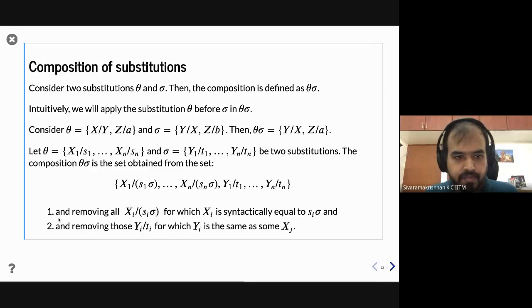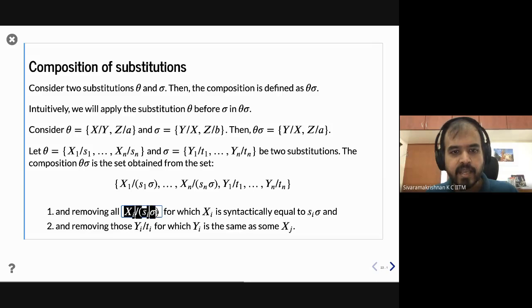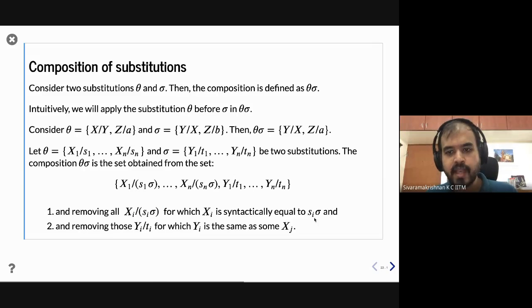So we have this first side condition which says that remove all xi slash si sigma for which xi is the same variable as si sigma. So if you end up with x slash x, don't include it. You have to go through all of this x1 to xn. If you ever happen to have x1 slash x1, x2 slash x2, or xn slash xn, remove that.